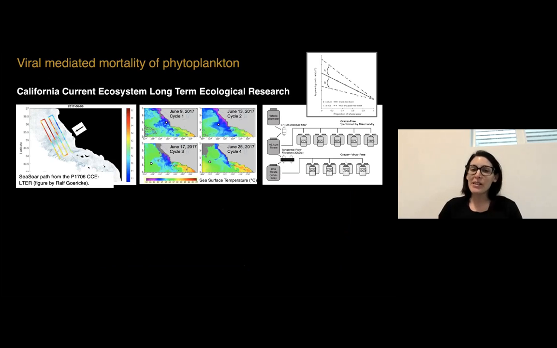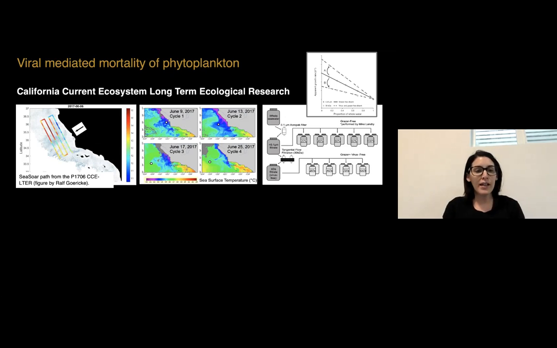So basically what this project is doing is looking at upwelling zones along the coast of mostly Southern California. So we are down here in San Diego, but basically off the coast of California, looking at the California Current.